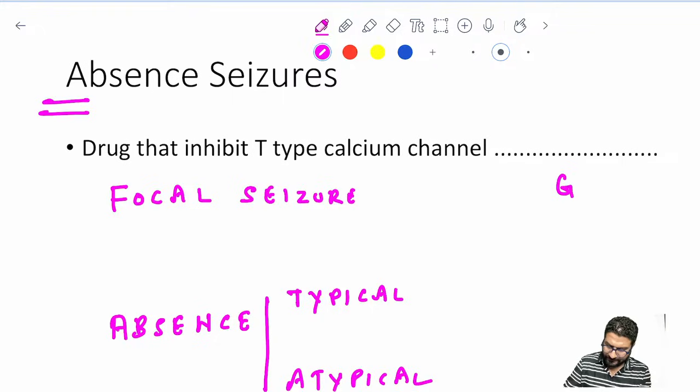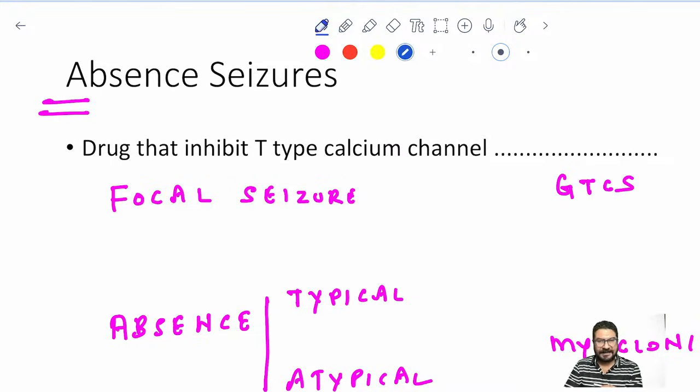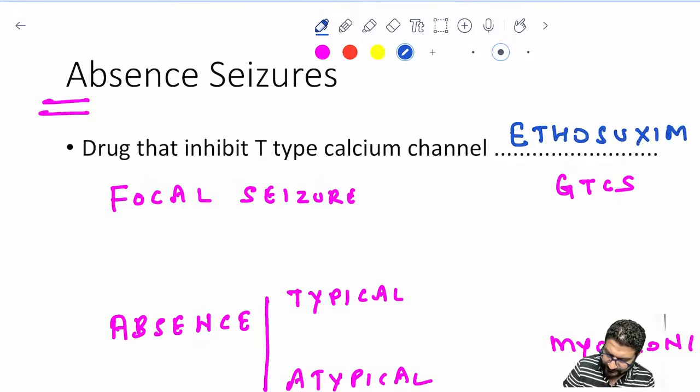They can ask you GTCS, generalized tonic-clonic seizure, GTCS, and last will be myoclonic. Okay, now understand. Let's see. The drug that inhibits the T-type calcium channel is ethosuximide. Correct. Done.